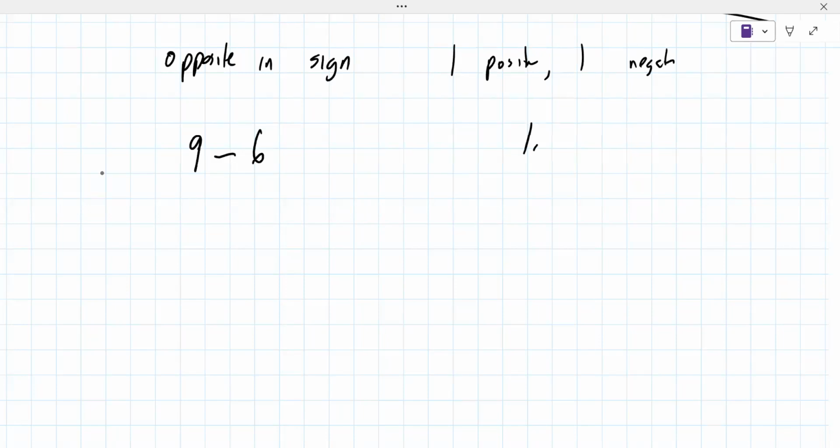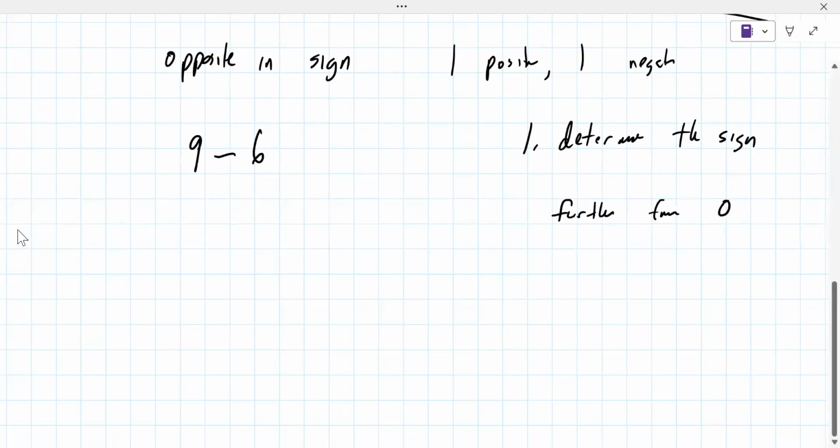So now here's what you first do. You have to first determine the sign. How do you do that? You have to determine which is further from 0. So which is further from 0, +9 or -6? Positive 9. So we know the answer is positive.